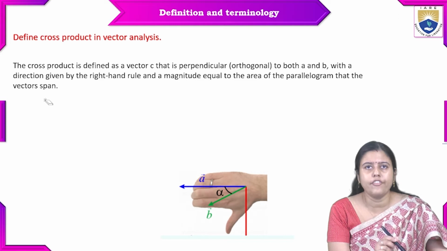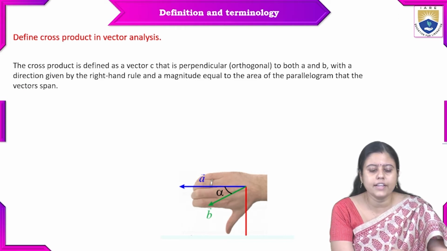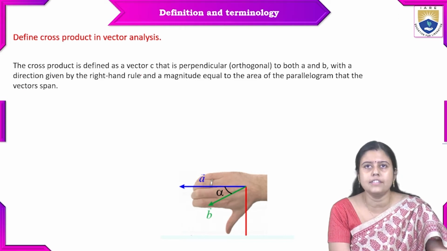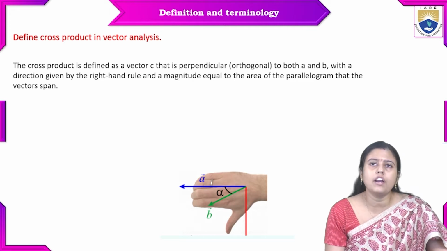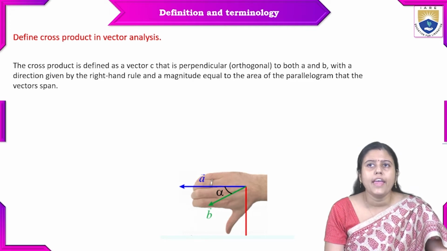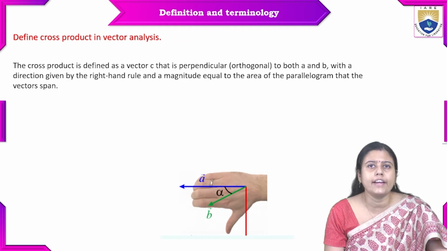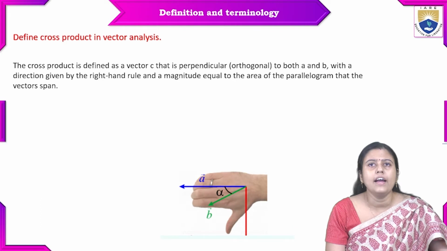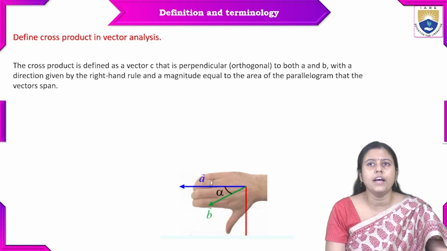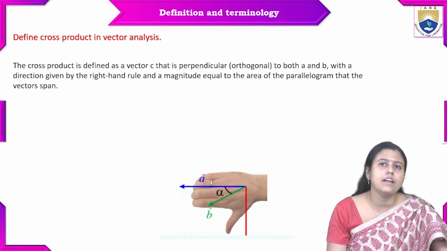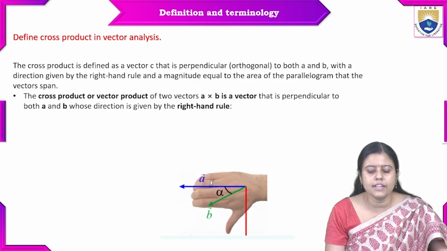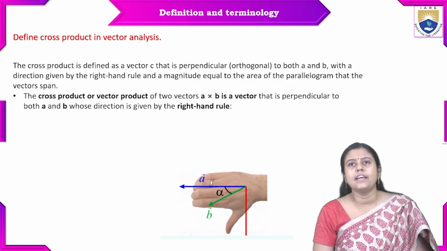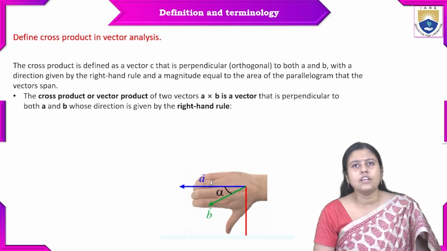According to the definition, the cross product is defined as a vector C that is perpendicular or orthogonal to both A and B. We get the direction of the resultant by the right hand screw rule, and the magnitude is equal to the area of the parallelogram that the vectors span. So, you can see the cross product we will write as A cross B.